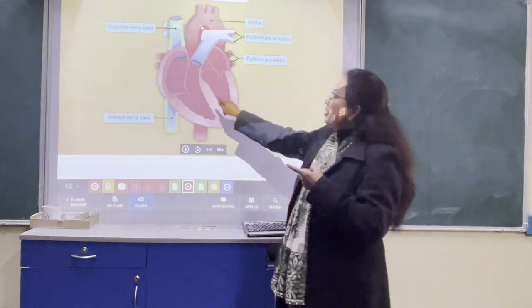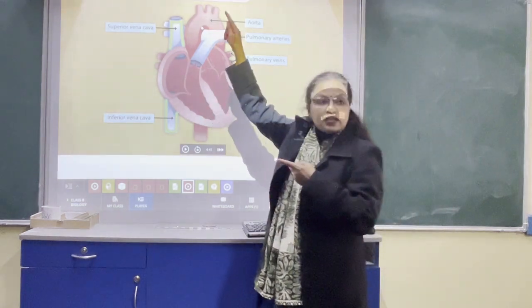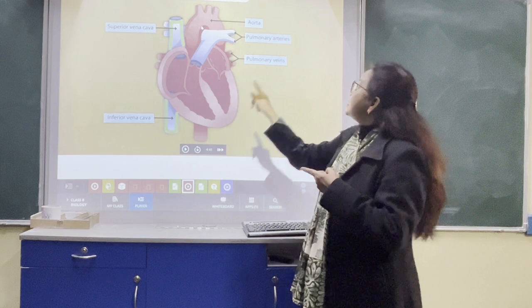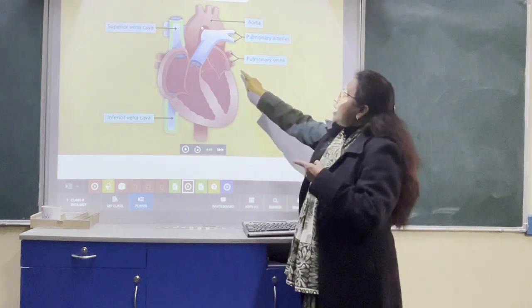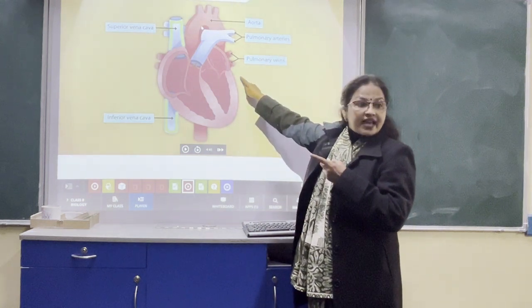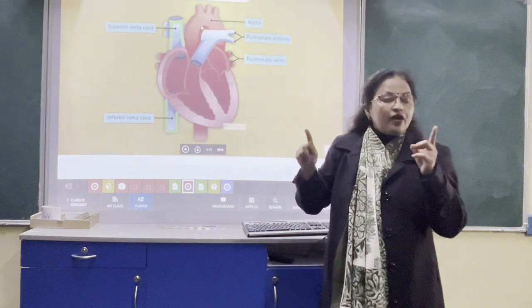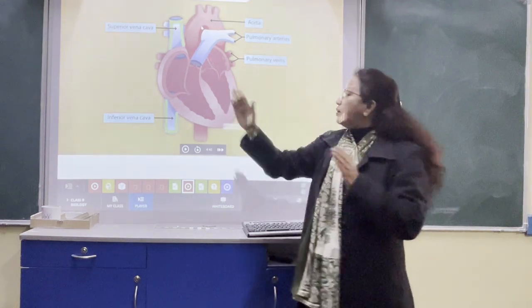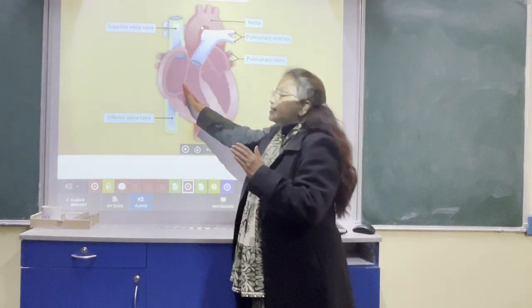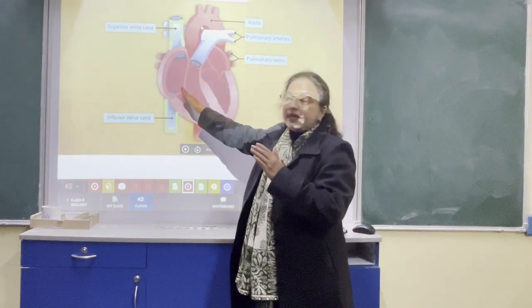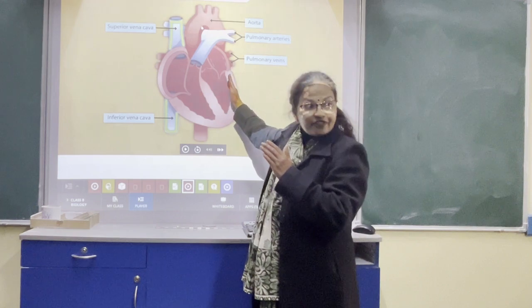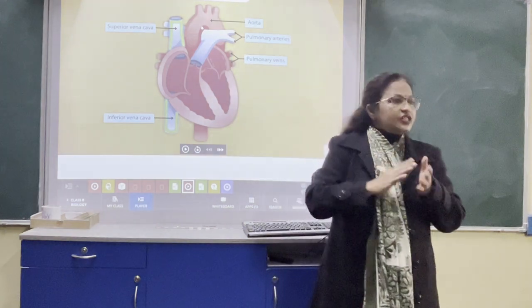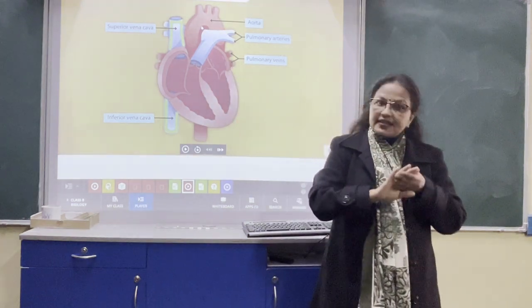They carry it from the heart to the lungs, whereas pulmonary veins carry oxygenated blood from the lungs to the heart. So you will find that the right half of our heart has deoxygenated blood, whereas the left part of the heart has oxygenated blood. Is that clear?